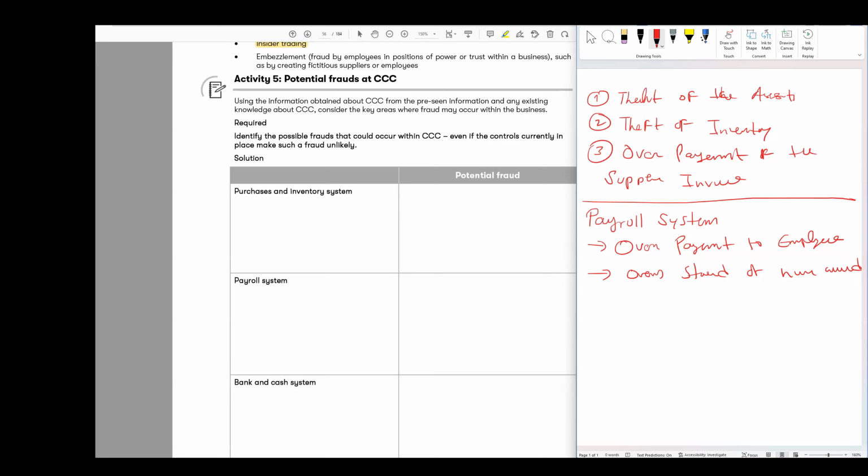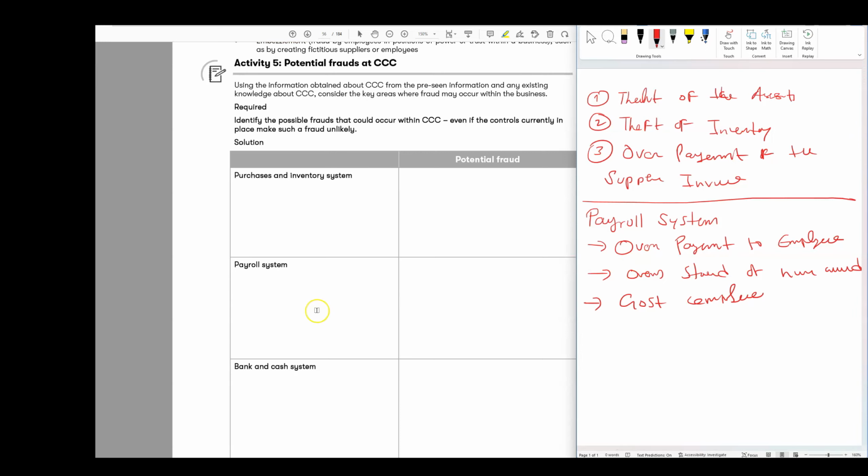Then monetary theft by setting up a ghost employee. Ghost employee means there will be no real employee, they just make an employee on the payroll and make a payment every week or every month because no one is there to check. They can take advantage of creating a ghost employee and keep paying that employee.